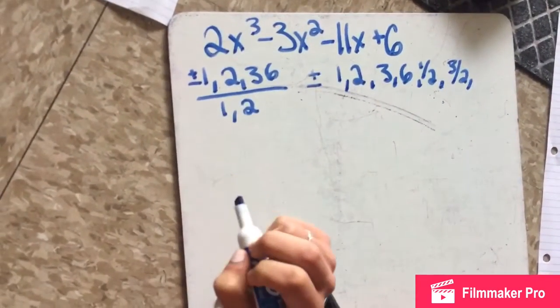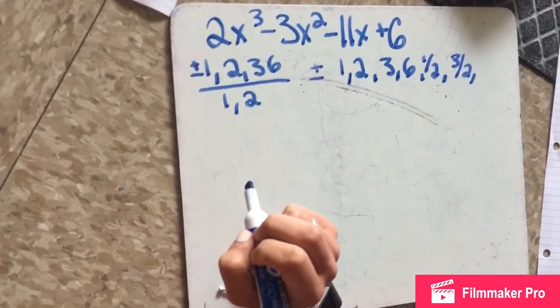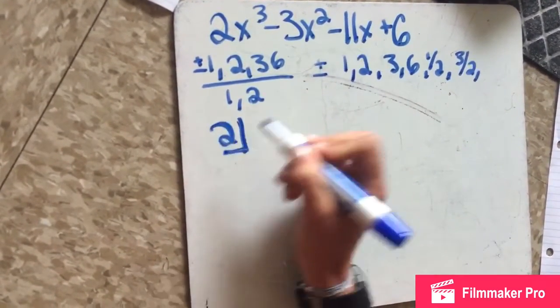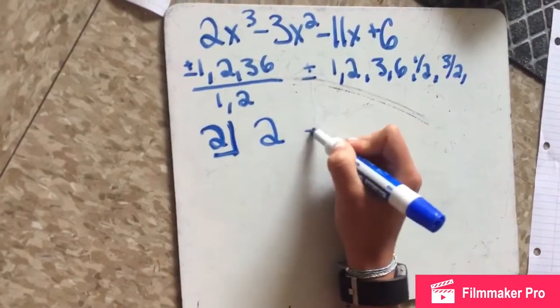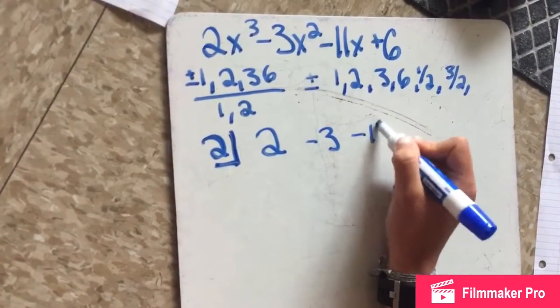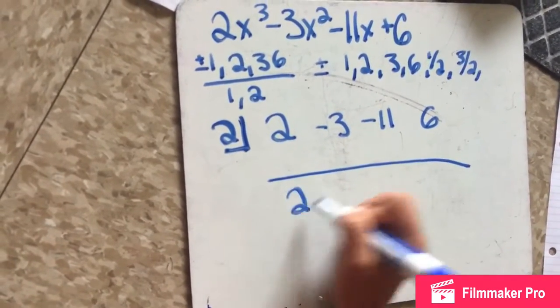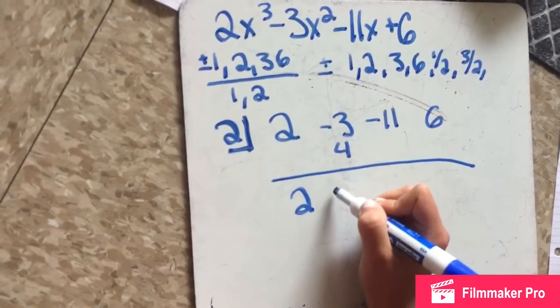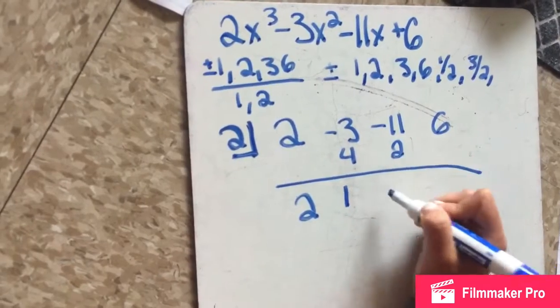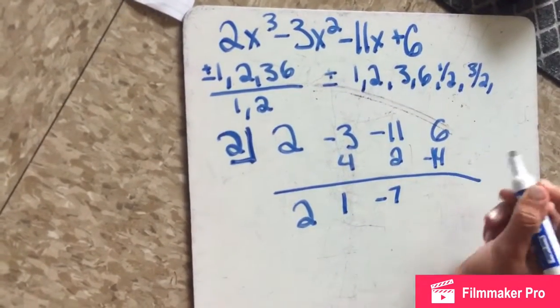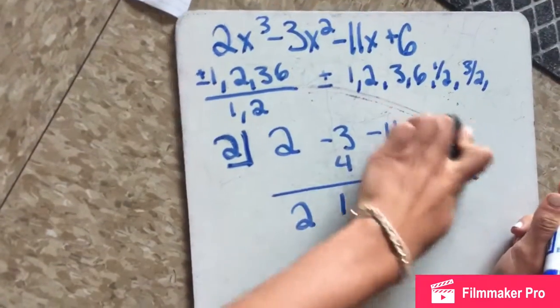So now we have to use the guess and check method to see which one is correct. I'm going to start with 2. So now we have to use synthetic division. So as you can see, 2 does not work. So let's move on to the next one.